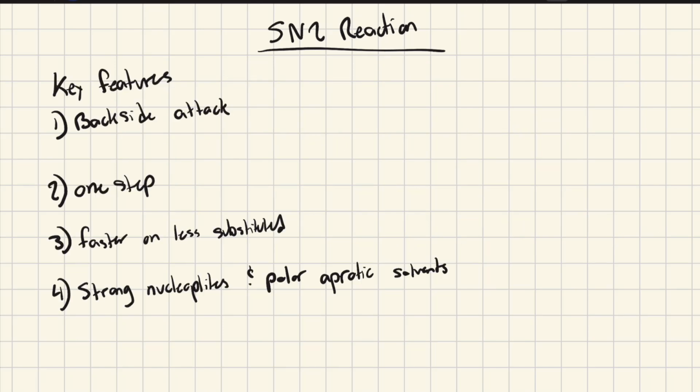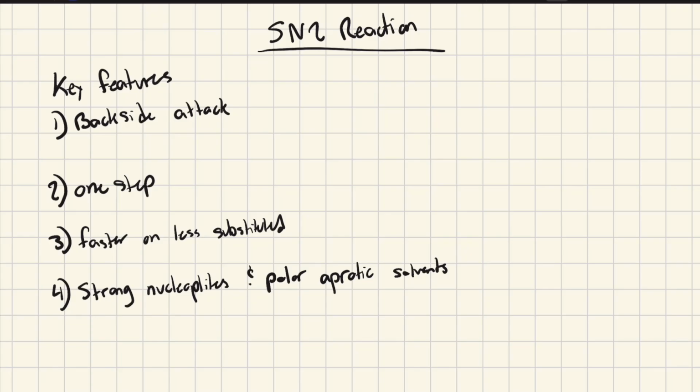So we touched on it a little bit, but let's go more into depth on the key features of what makes an SN2 reaction. The most prominent thing is that there's a backside attack, which we saw in our last example. Our leaving group is going to have electron density around it, and there's going to be some steric hindrance, so it's going to repel whenever our nucleophile is trying to attack.